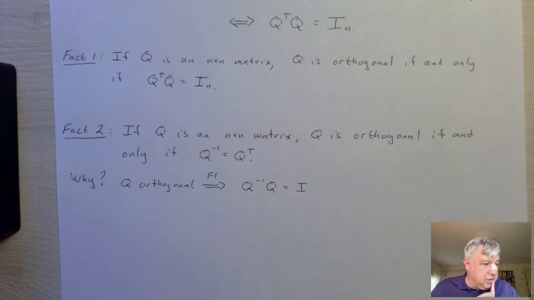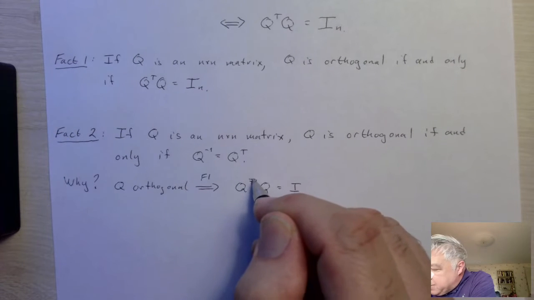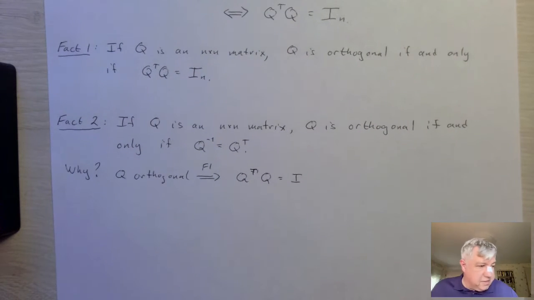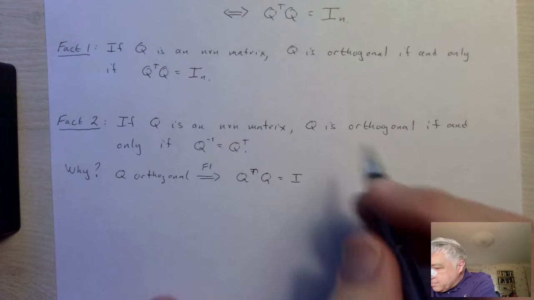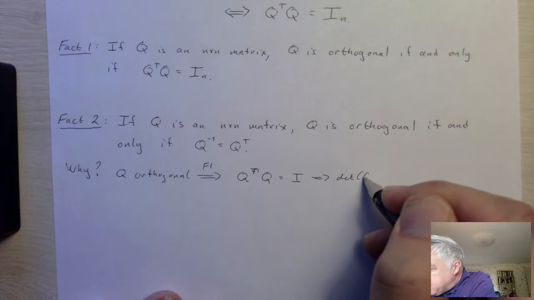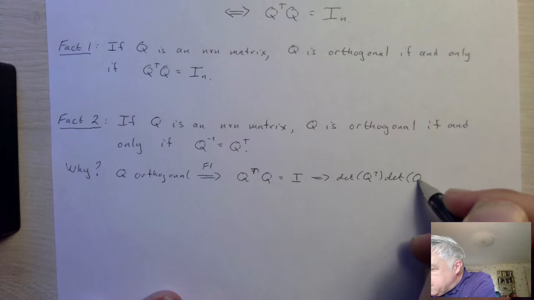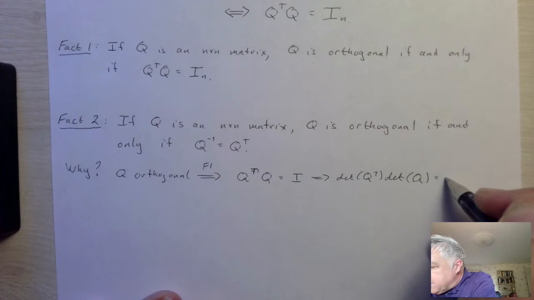I'm sorry, I said Q inverse, but this should be Q transpose. Getting ahead of myself here. If we take the determinants, we get the determinant of Q transpose times the determinant of Q is equal to the determinant of In, which is just 1.